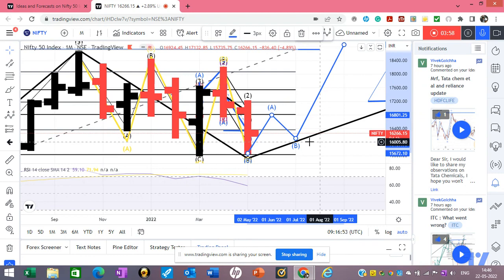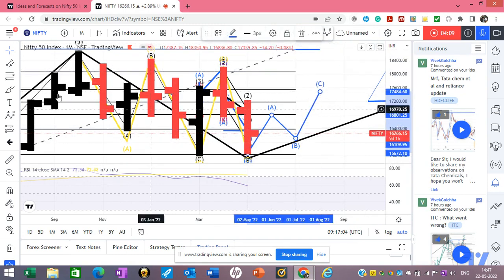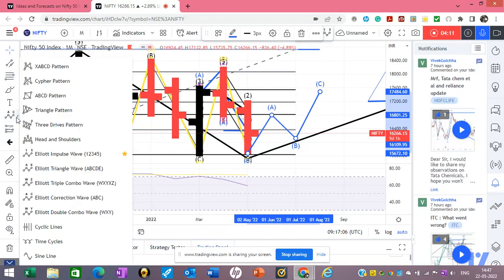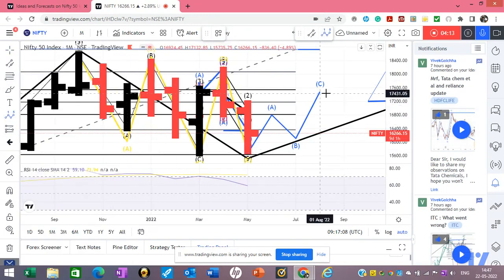But here, this pattern is showing me that there might be wave ABC corrections and then a five wave decline more, like this, that way.